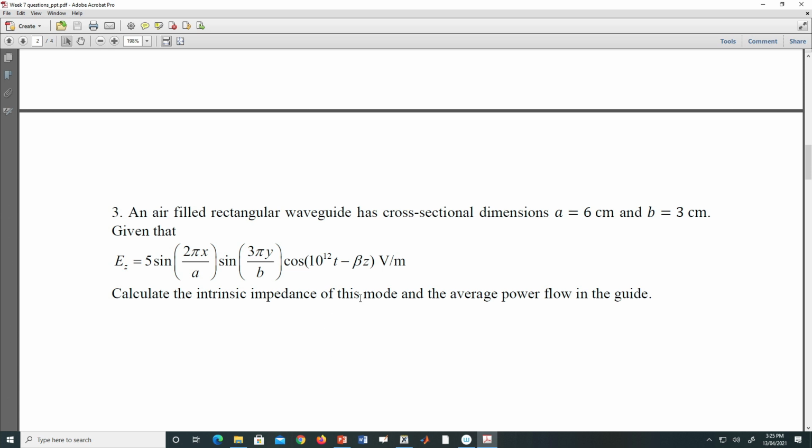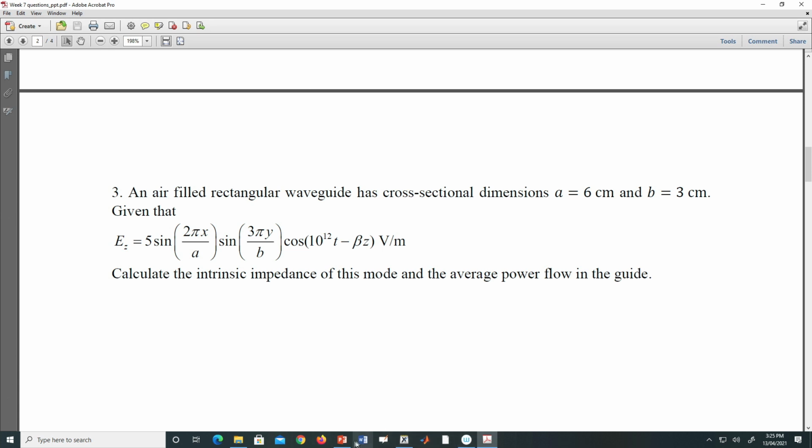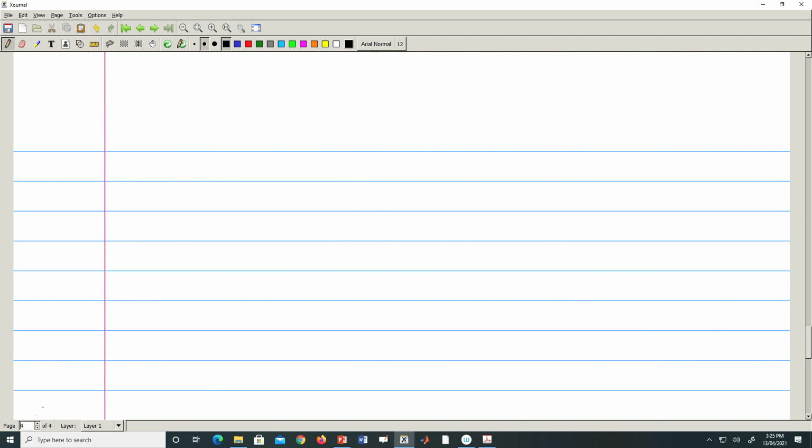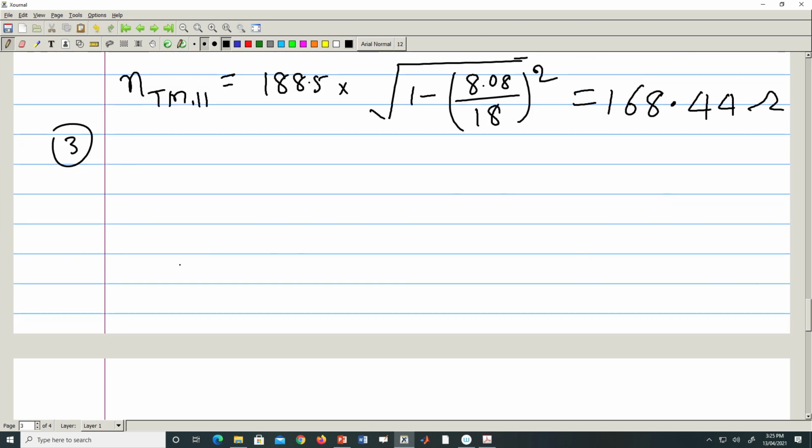For the third problem, a standard equation we know is Ez equal to E naught sin of m pi x by A into sin of n pi y by B e to the power minus gamma z.